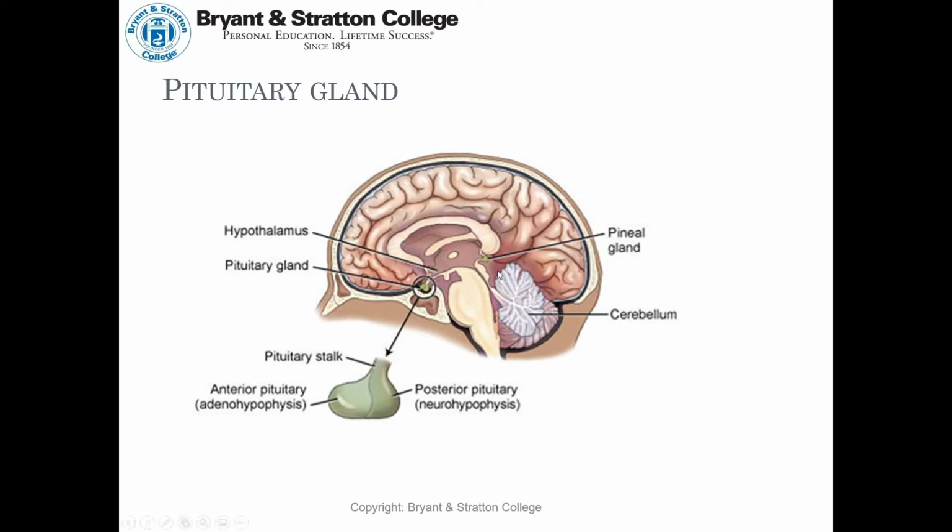And to get even more interesting here, the anterior pituitary, being a glandular tissue, actually in development comes from a completely different tissue than the neurohypophysis. And we should be able to know that because one's neuro and one's glandular. And believe it or not, the anterior pituitary actually develops from the oral mucosa. Very, very interesting process.